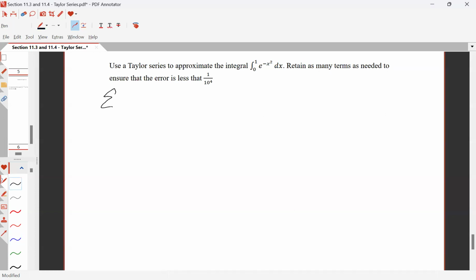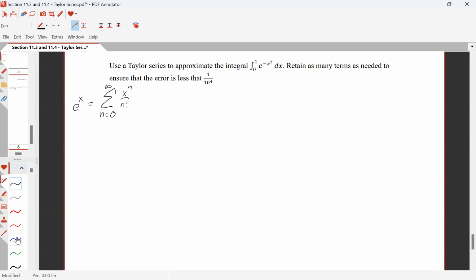So we know the Taylor series of e to the x is equal to the sum from n equals 0 to infinity of x to the n over n factorial.